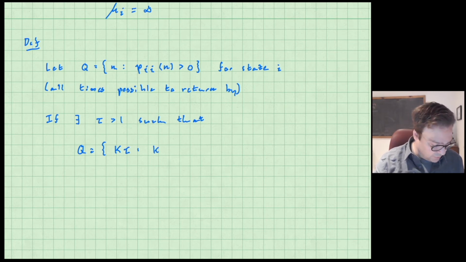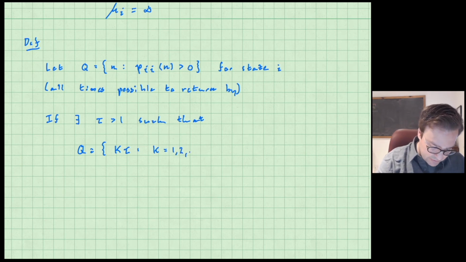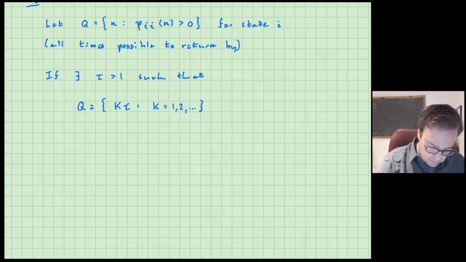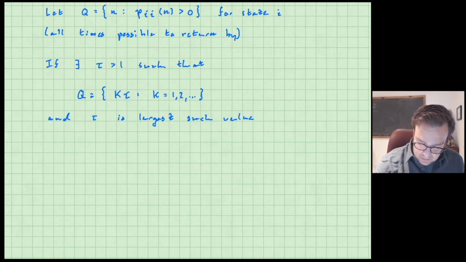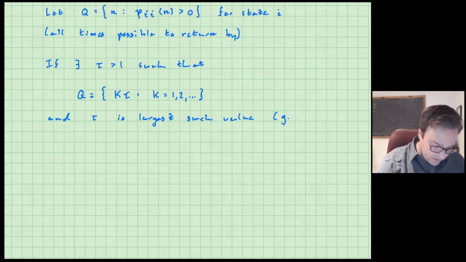If that's possible, and if tau is the largest value that works for this, we'll go back through and make sure we understand what this is after we write it. In other words, it's like the greatest common divisor. Then we say that the state is periodic with period tau.